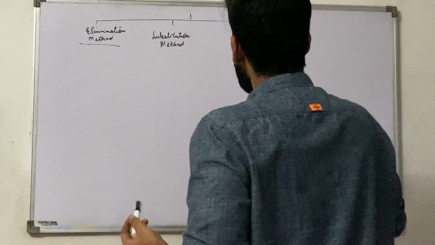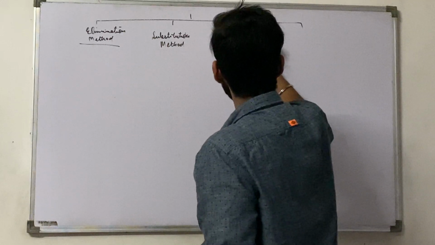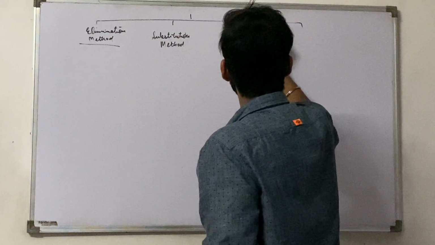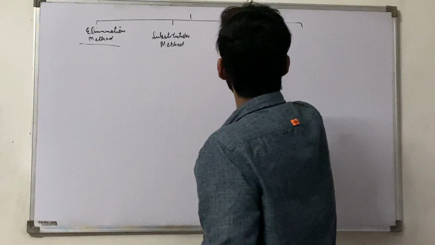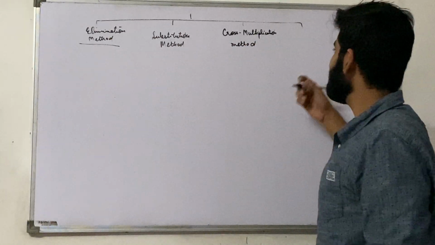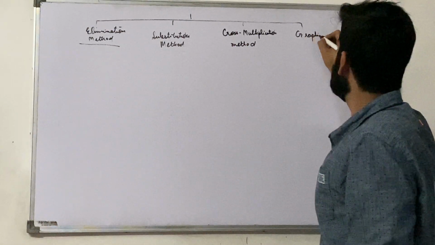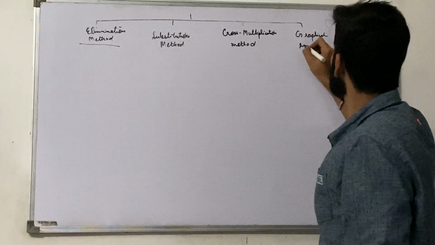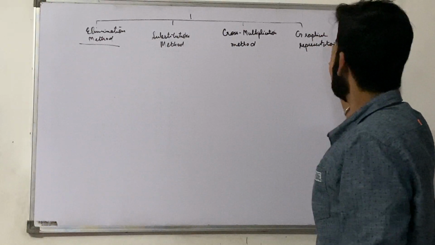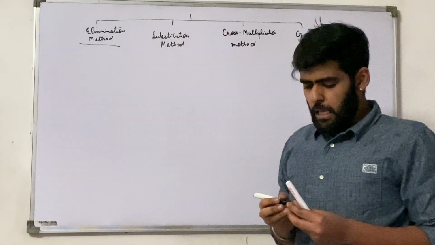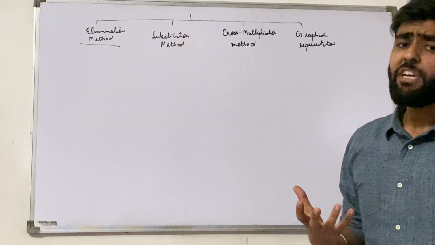The third method is the cross multiplication method, and the last one you have done, that is graphical representation.